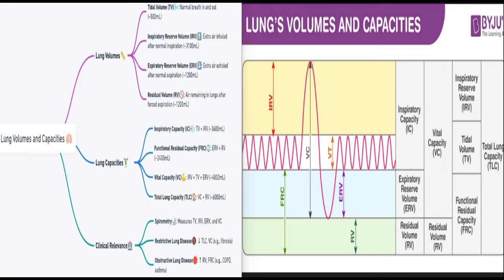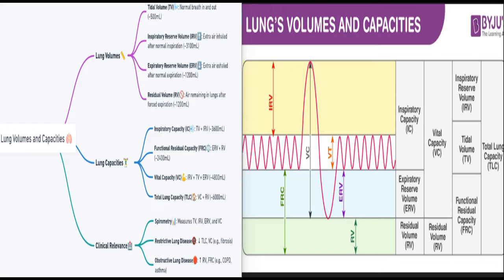So it's expiratory reserve volume plus the tidal volume plus the inspiratory reserve volume. So vital capacity has to do with two or more consecutive volumes added together. It's used to assess the strength of thoracic muscles as well as pulmonary function.